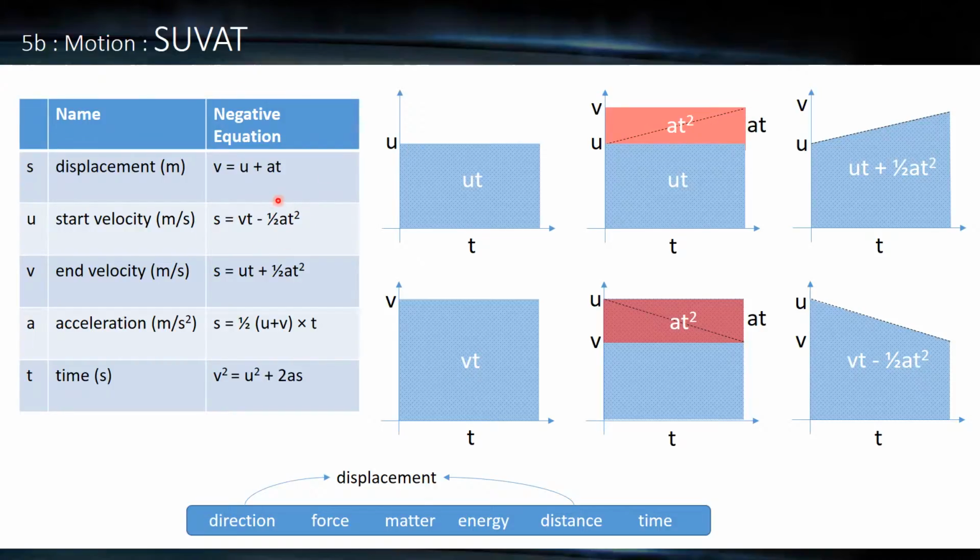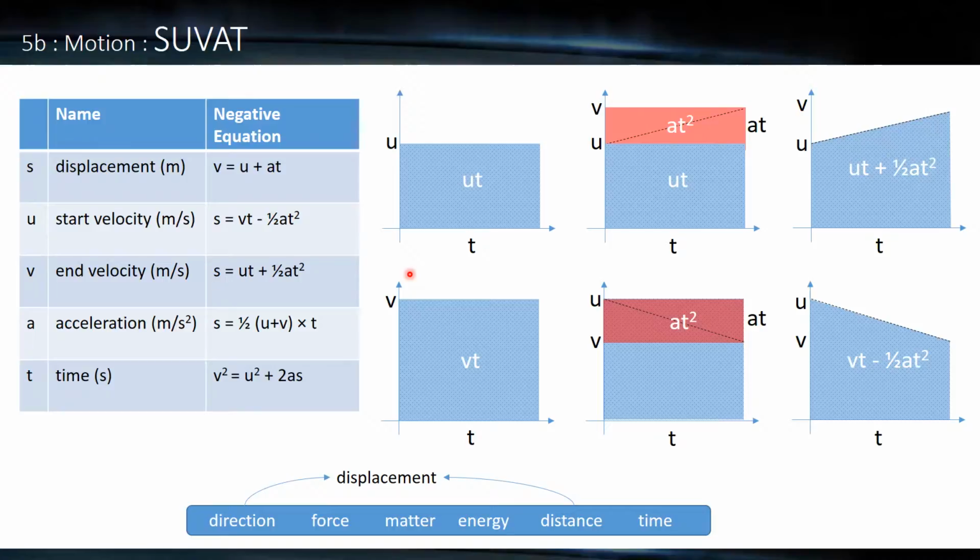This next one here, we have displacement is Vt minus a half At squared. Let's have a look at these 3 graphs here. So Vt would be displacement if we had a constant velocity, or the start velocity was the same as the end velocity. So this shaded area would be our displacement.